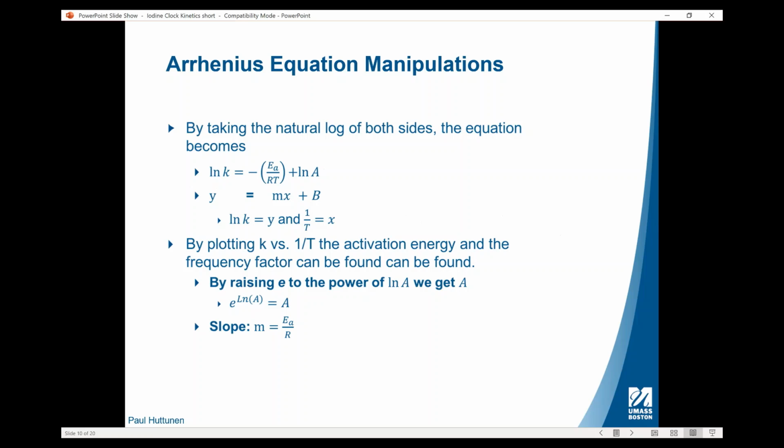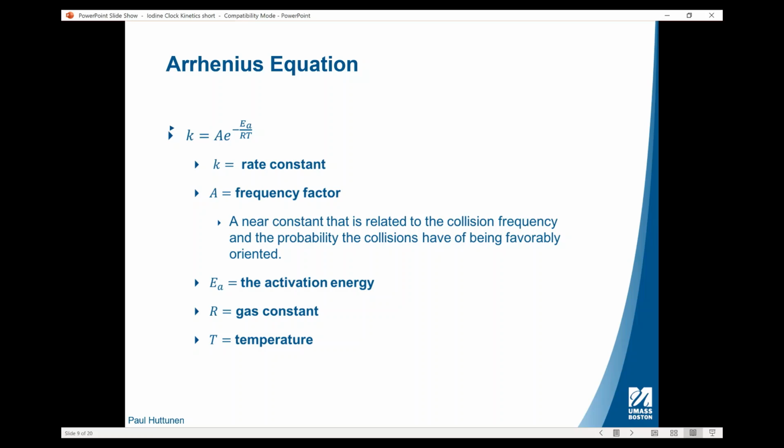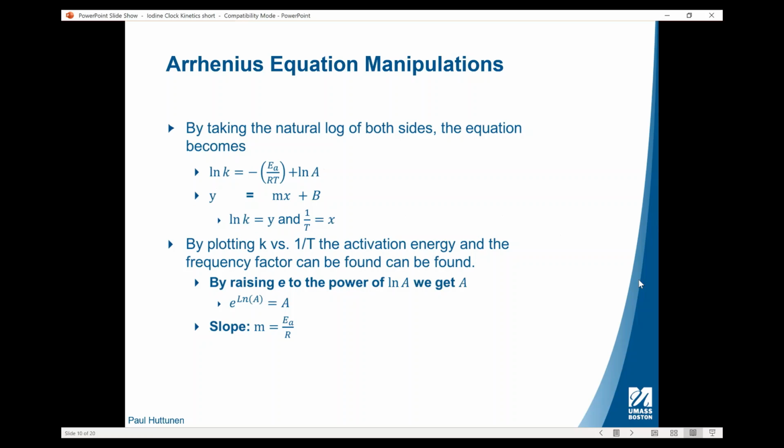So we are going to be manipulating the Arrhenius equation by taking the natural log of the equation. So let's go back here. We have a few things going on. K is alone on one side, so when we take the ln of K, it's just ln of K. On the other side, we have A times e to the power of something. When we take the ln of a product like this, the ln of a product is the sum of the ln's.